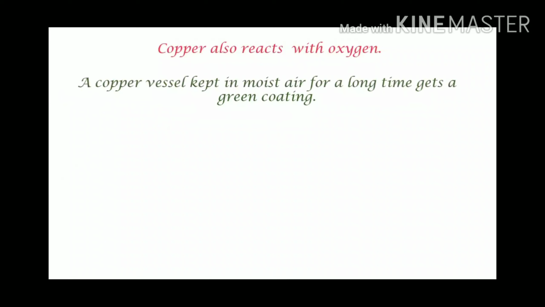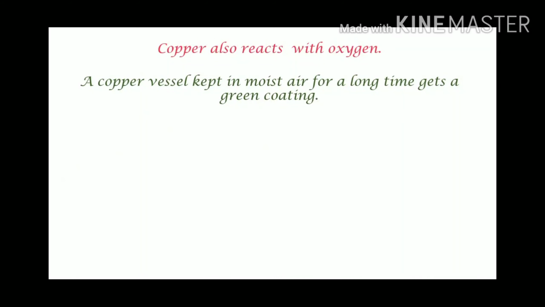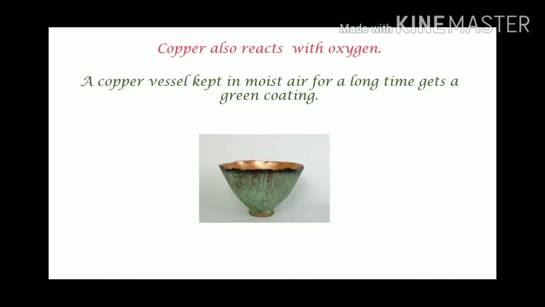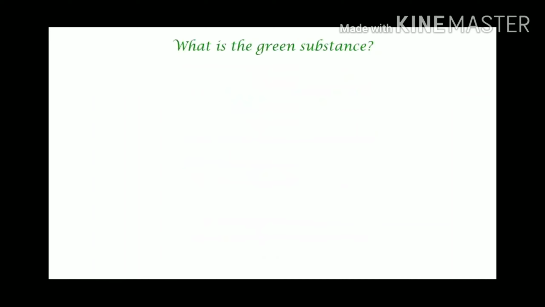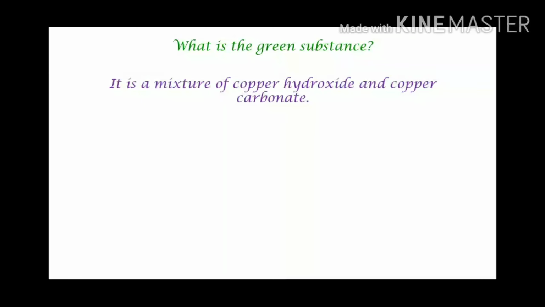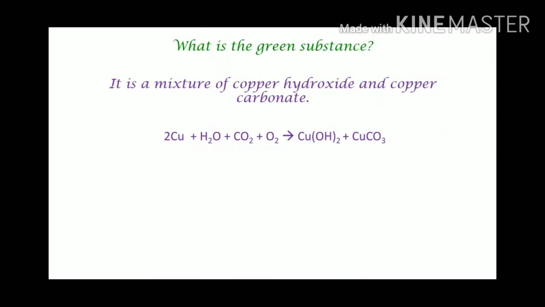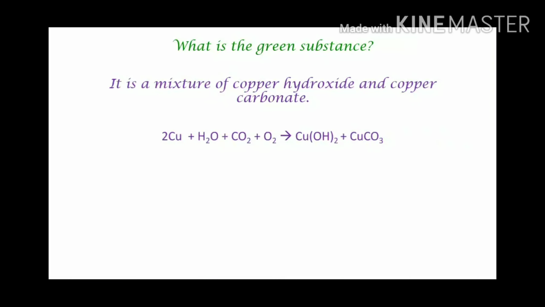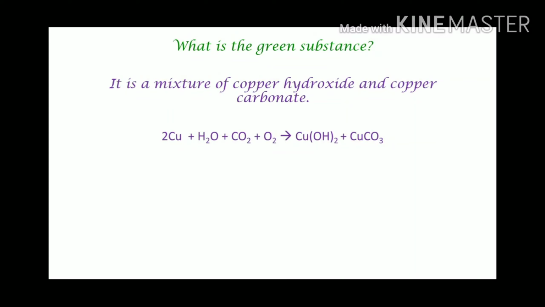A copper vessel kept in moist air for a long time gets a green coating. What is the green substance? It is a mixture of copper hydroxide and copper carbonate. The equation for the reaction is 2Cu plus H2O plus CO2 plus O2 gives Cu(OH)2 plus CuCO3.